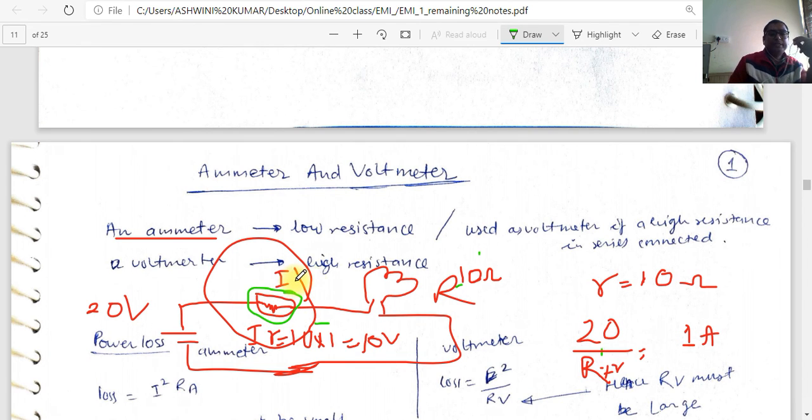So the reading taken by this ammeter for the load is off. Suppose we take the ammeter resistance as 1 ohm, then 20 divided by 11 is about 1.8 ampere.